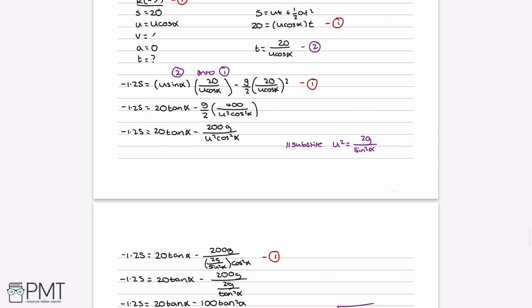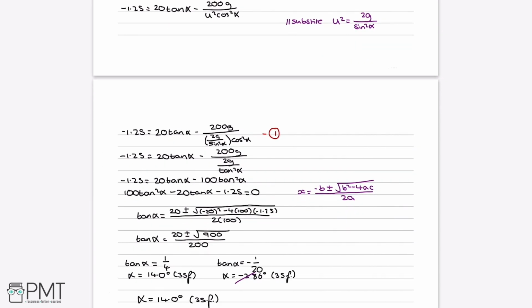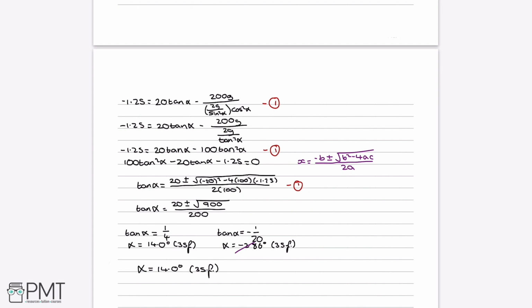And then we get an answer mark for then ending up with this quadratic in terms of tan of alpha. And then a further method mark for solving this, and you'd get a mark for doing this by factorising or by using the quadratic equation. Either are fine, but that's a method mark. And our last mark, our 9th mark, comes from ending up with this answer of 14.0 degrees for alpha.